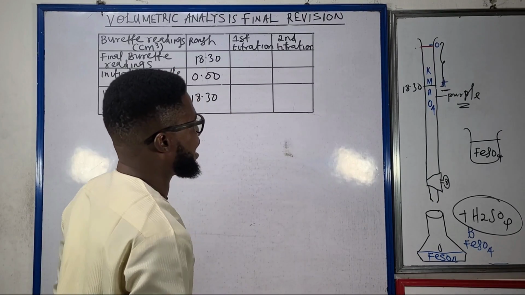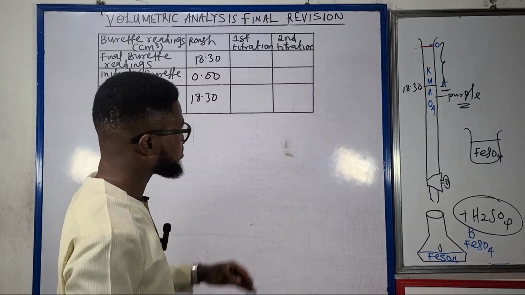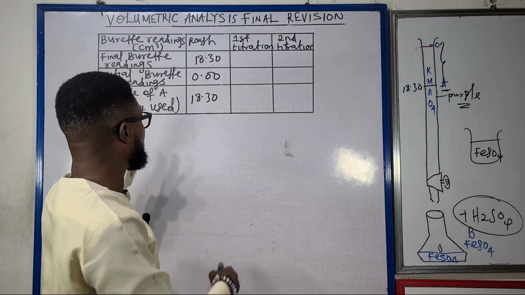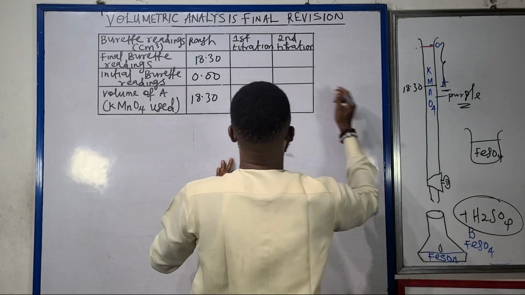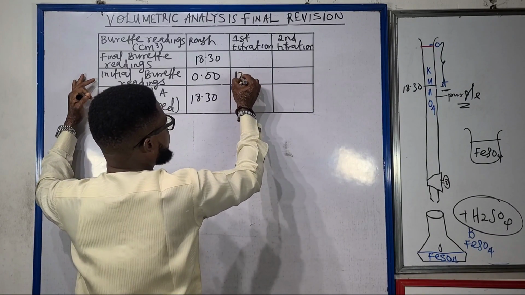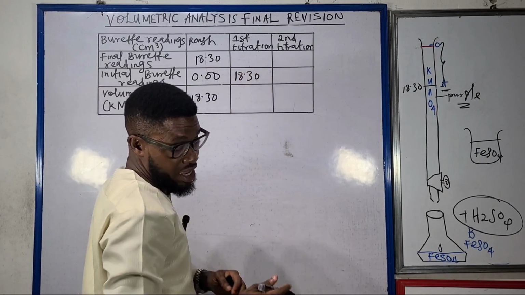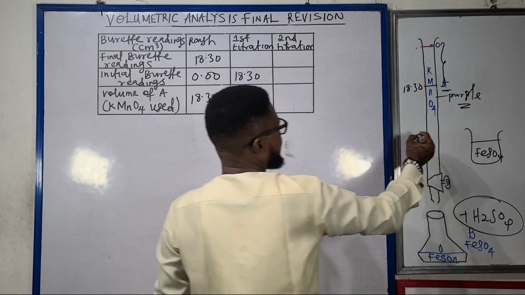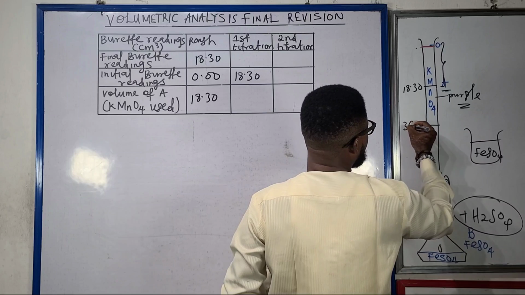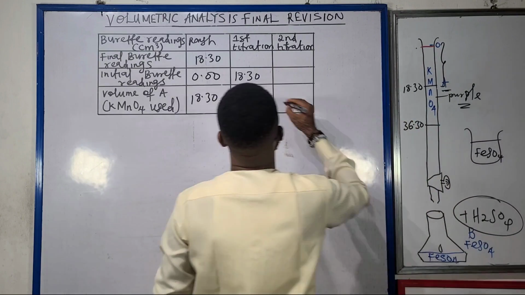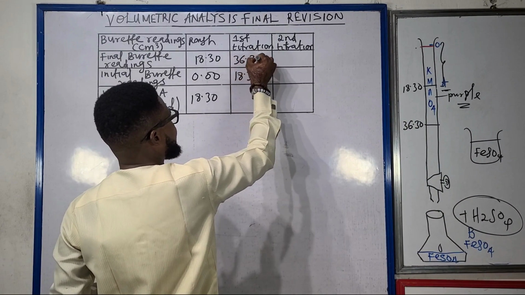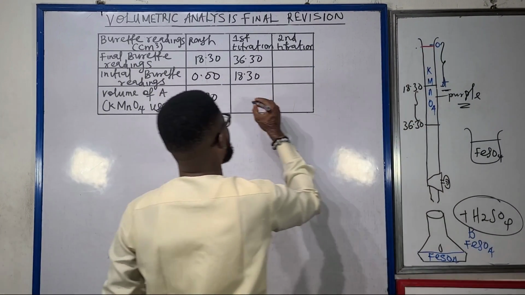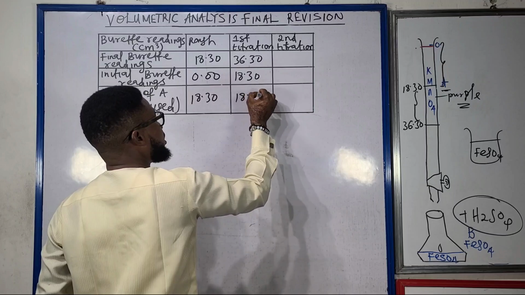So after we've dealt with that, for our first titration, we continue from that 18.30. So we say our initial burette reading is 18.30, and in that particular experiment, this stopped at 36.30. The difference between this and this, 36.30, gives us 18.00.